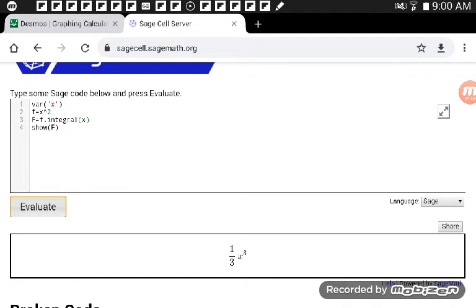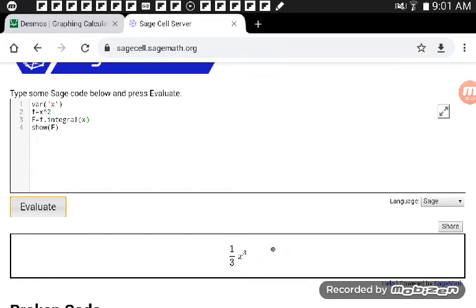I say f is x squared, and then I use the uppercase F. Again, it's not truly a standard notation. Just because you see an uppercase doesn't mean it was an antiderivative, but it might be. And then f dot integral of x, so with respect to x, and then show F.